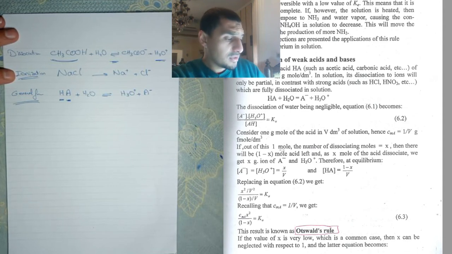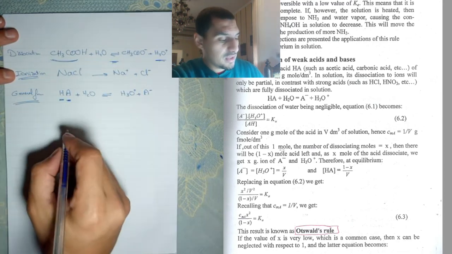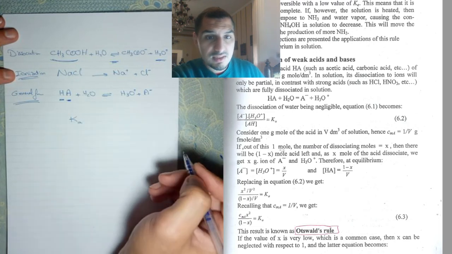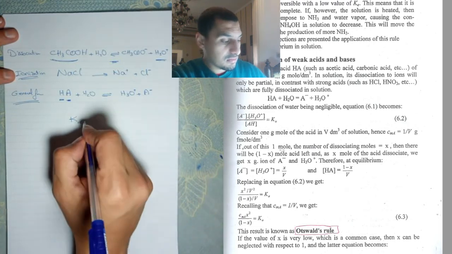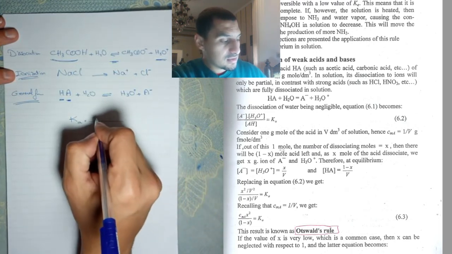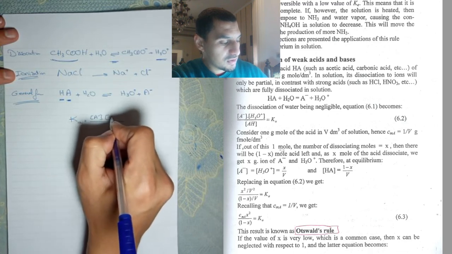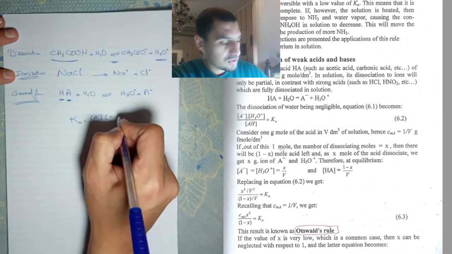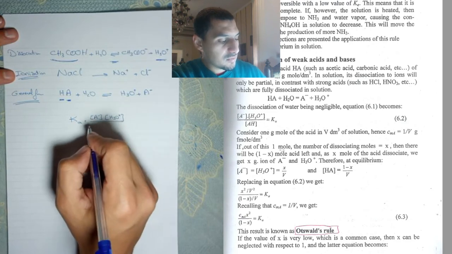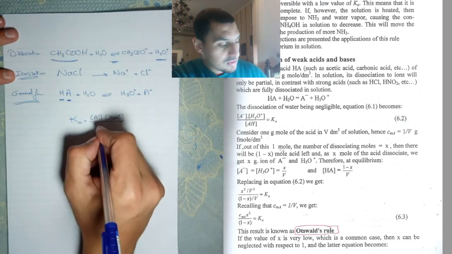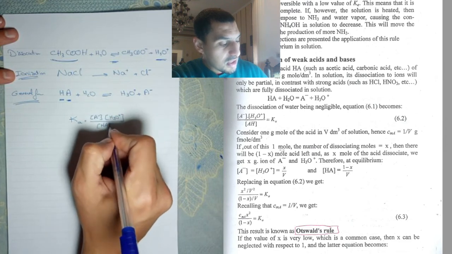We can apply the law of mass action since this is a reversible dissociation, and in this case the K, we will call it Ka because it's an acid equilibrium constant. It's going to be the concentration of products, which is the concentration of A minus multiplied by the concentration of H3O plus, divided by the concentration of the reactant, HA.